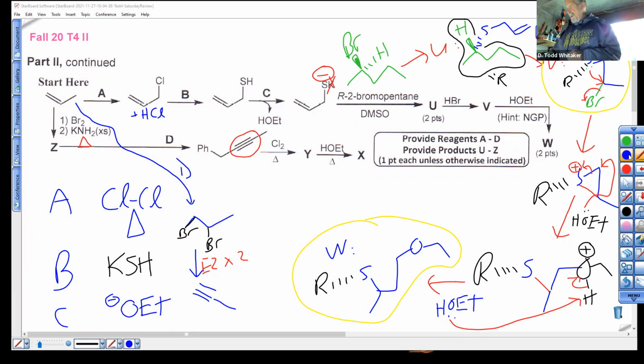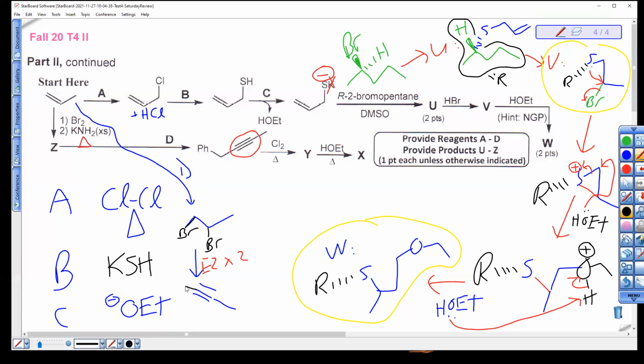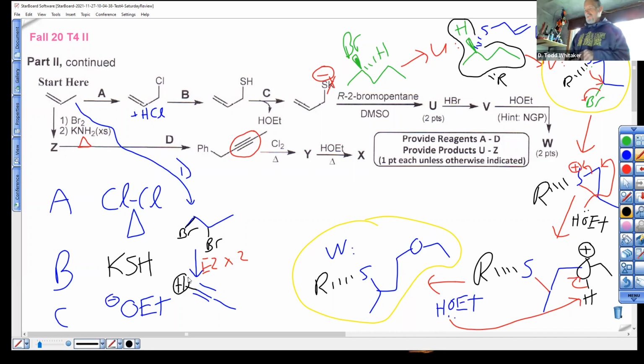That's not Z yet. You know why? Because this is what you get after E2 times 2, and I'm pointing out it's a terminal alkyne, which has a pKa of 25. And if I have excess NH2 minus floating around, which I do, you also get an acid base at the end here.